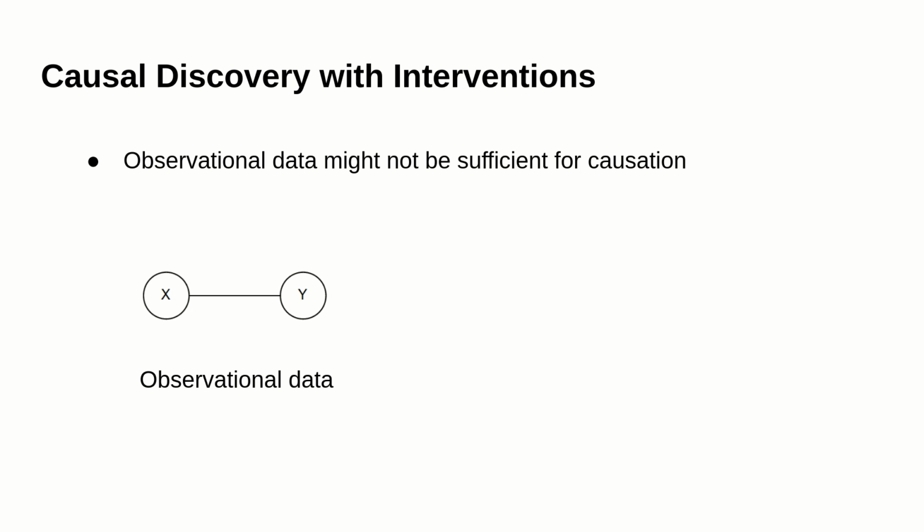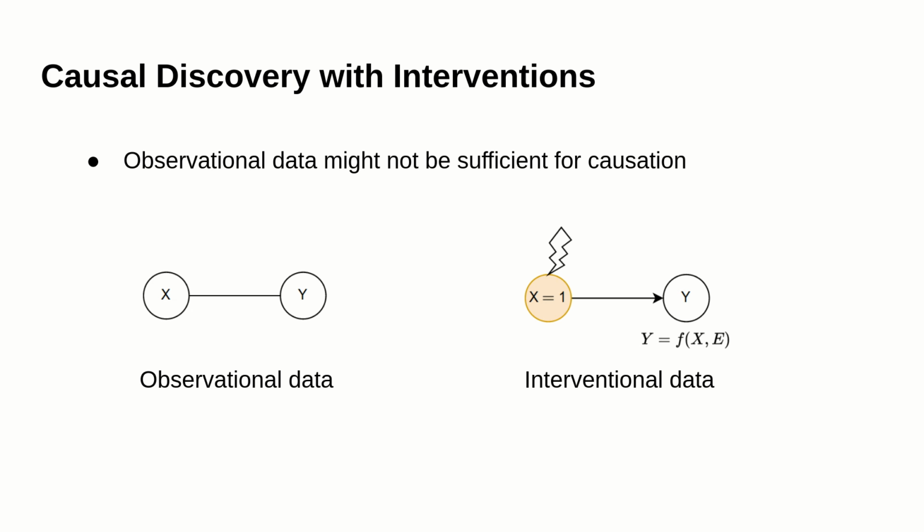From the causal inference side, we have a tool for such scenarios to give us more information. It is called intervention. It provides us a means to change the data generative mechanism of a node.